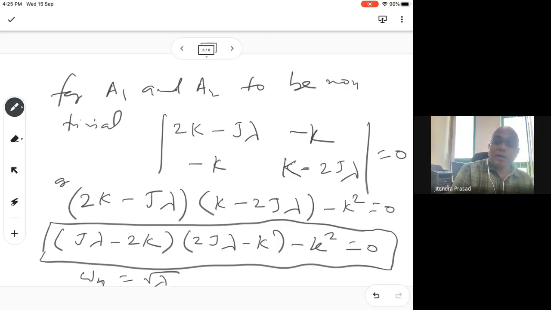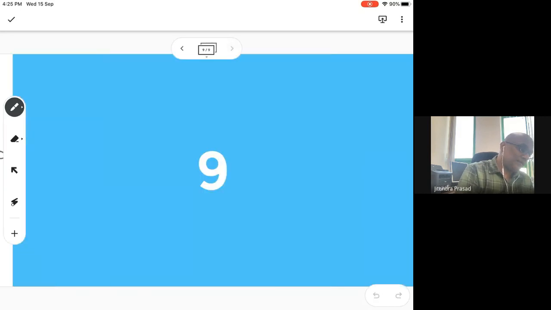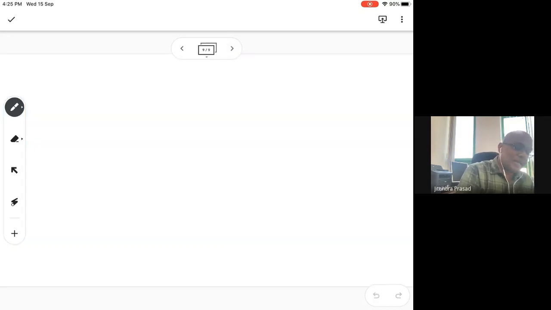Okay, now what is the adjoint method? Adjoint method is like this. Let's say there is a matrix A. Or let's call it B, because we have used A1, A2.